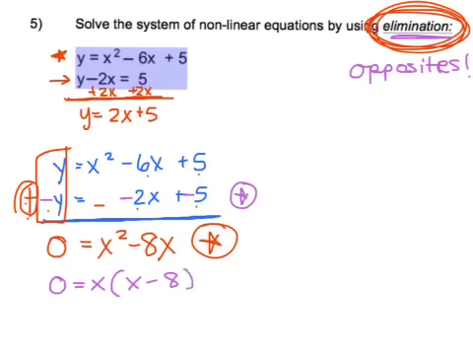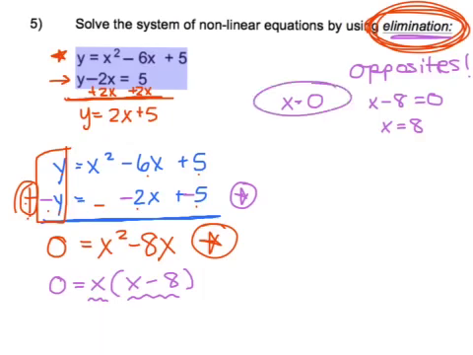Just like last time, set both things of that zero product property, so both things that are being multiplied, set them equal to 0, which gives us x equals 0 and x minus 8 equals 0. If we solve the second one, we would get x equals 8.